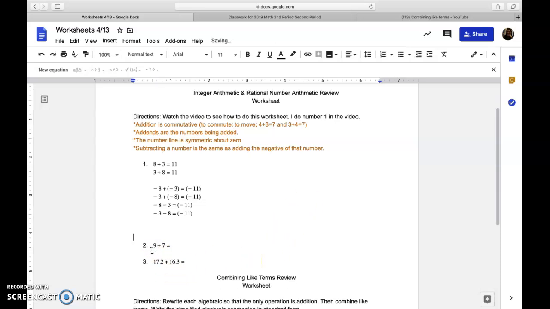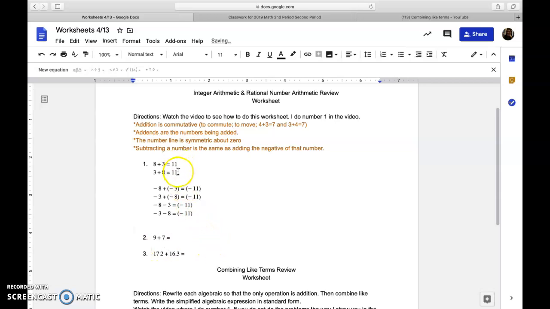So far notice I'm creating groups. These two are the same, both equal 11. I've got another group here of 4 problems where they all are equal to each other, right?